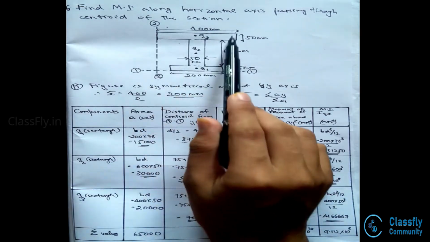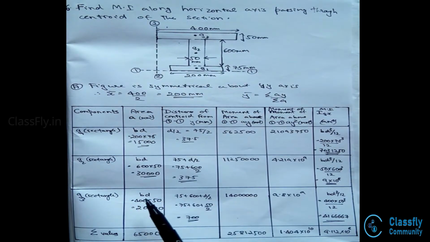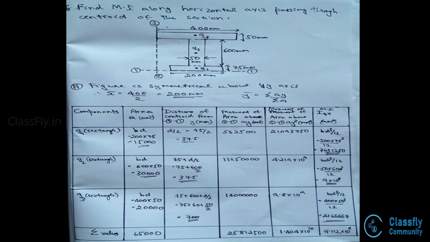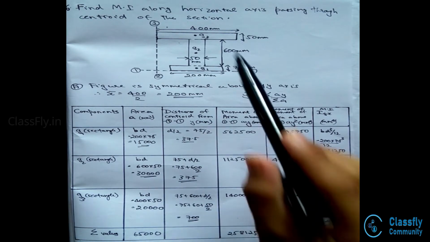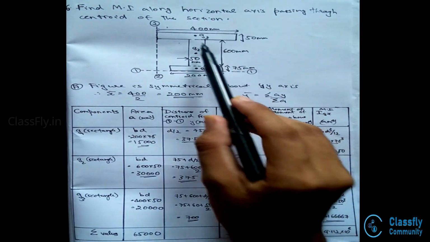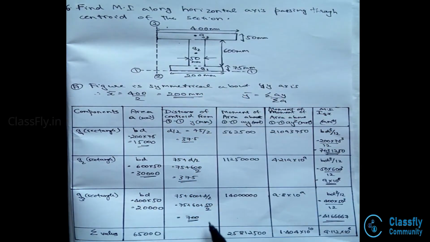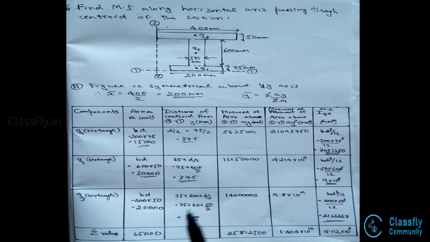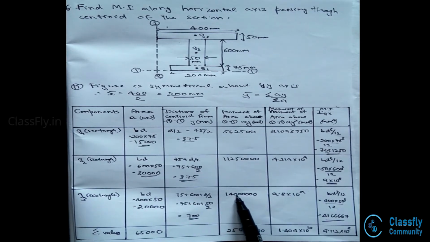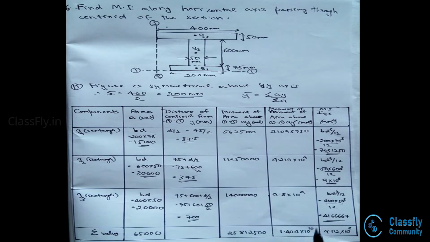Similarly, coming to the rectangle G3, the area is bd, that is 400 into 50, which will be 20,000. The centroidal distance is nothing but 75 plus 600 plus the centroid distance of G3, that is 50 by 2. Hence, we have 700. The moment of area ay will be nothing but 20,000 into 700, which will be 14000000.